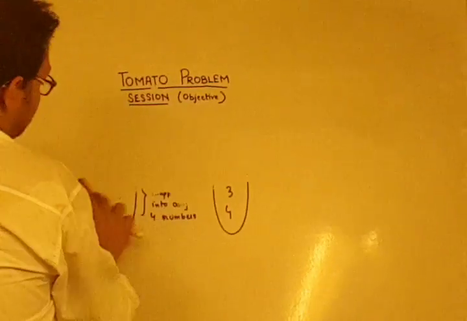So this was the first problem for today. Without further ado, let me get to the second problem. So the second problem says that the number of onto maps.